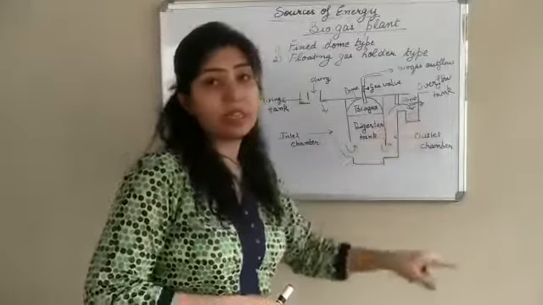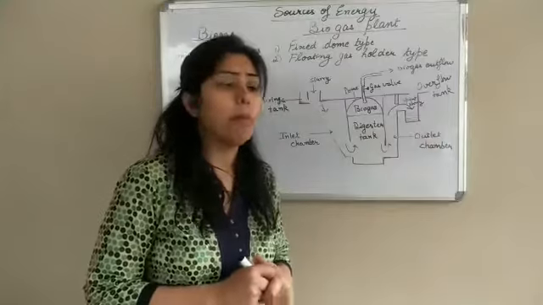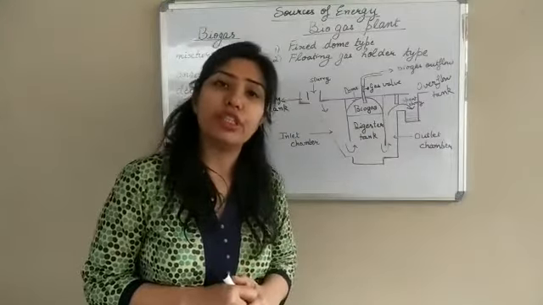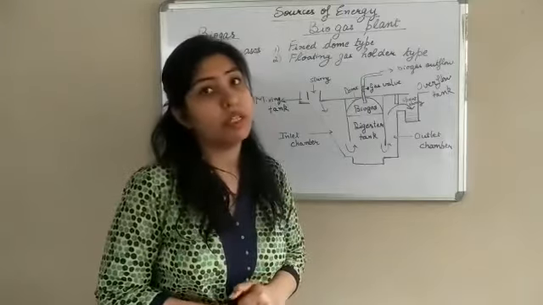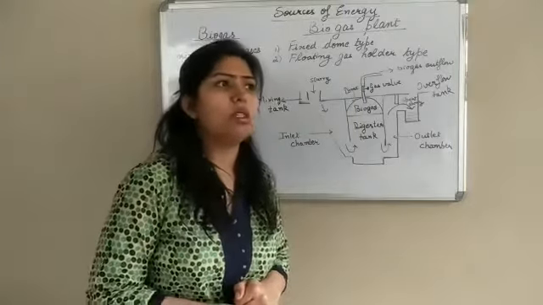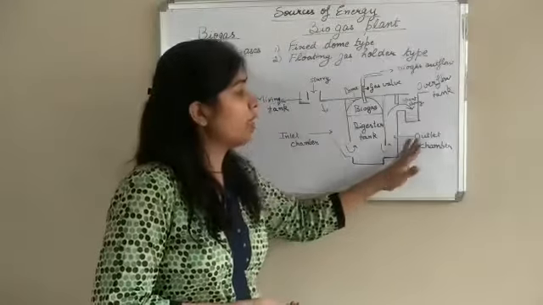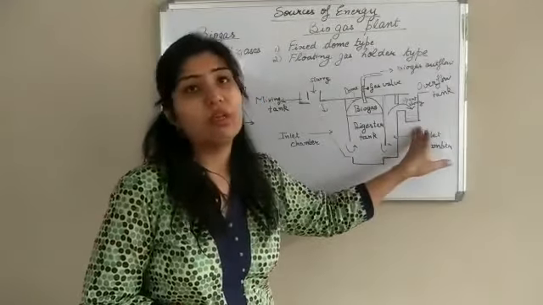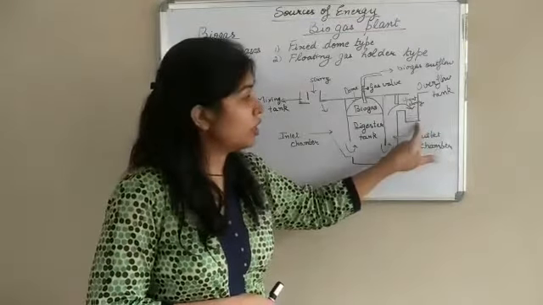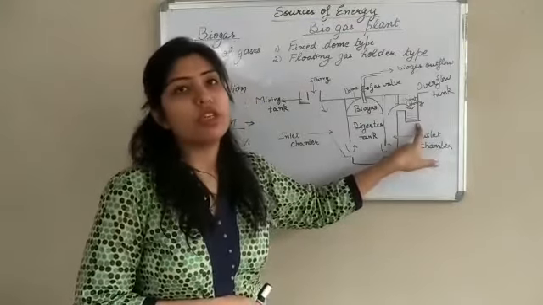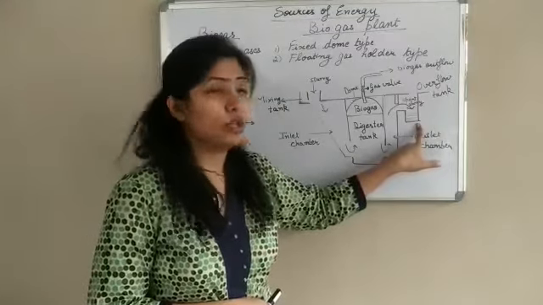This spent slurry is quite rich in nitrogenous compounds, and it can be further used in your fields, as a manure in your gardens and in fields. This will also help the farmers in using natural manures rather than going for fertilizers, because this manure is quite rich in nitrogenous compounds which are essential for your crops.